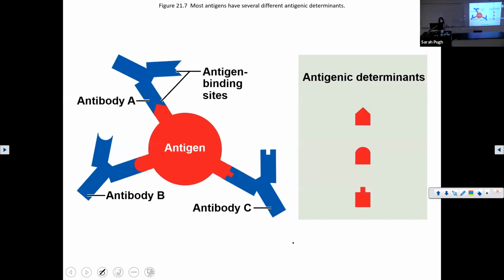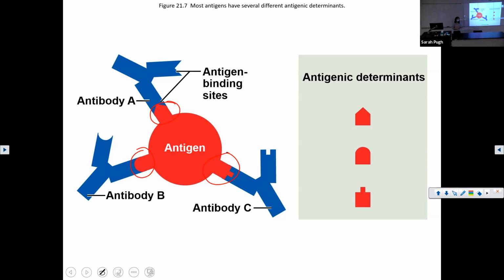So this is a great example. This is showing you an antigen. So here's a foreign antigen, and you can see that we have three different antigenic determinants here. So here is one, here is one, and here is one. So this one foreign molecule right here has three different antigenic determinants, right? The shape is different.